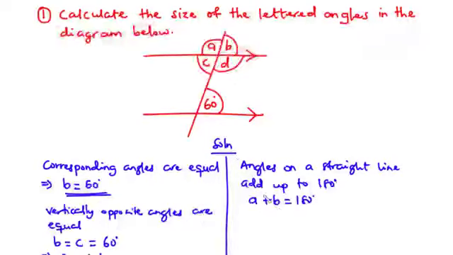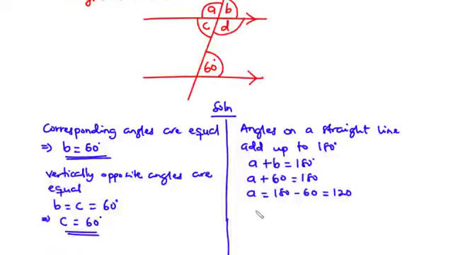We know the value of B to be 60 degrees. Therefore, A plus 60 equals 180. We transpose 60 to the right hand side. We have 180 minus 60, which is equal to 120. Therefore, the value of A is 120 degrees.